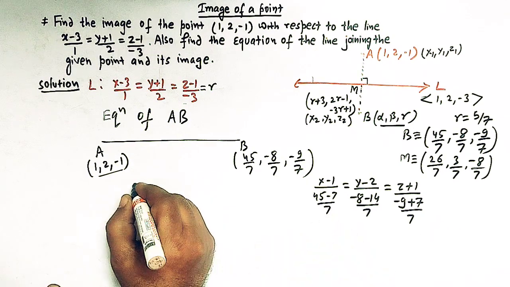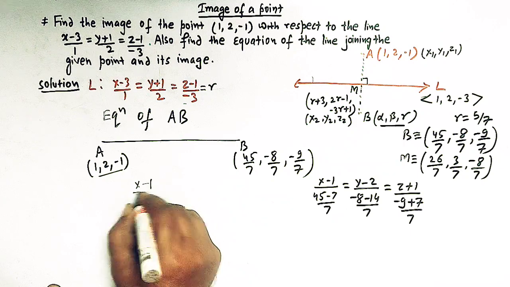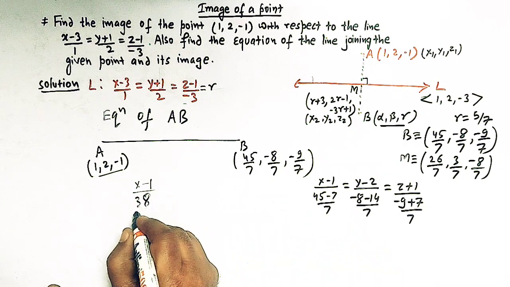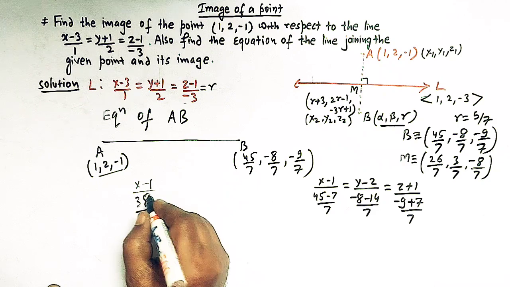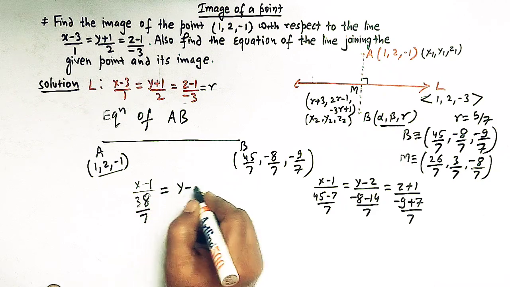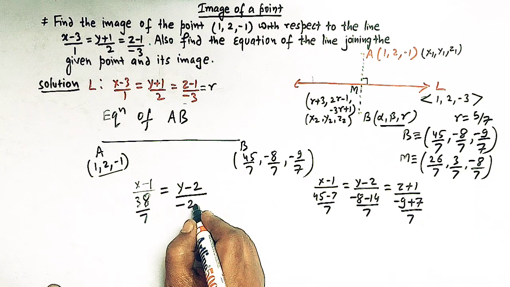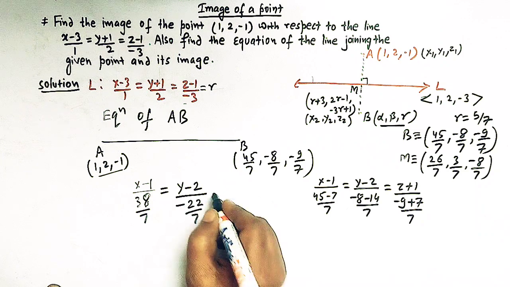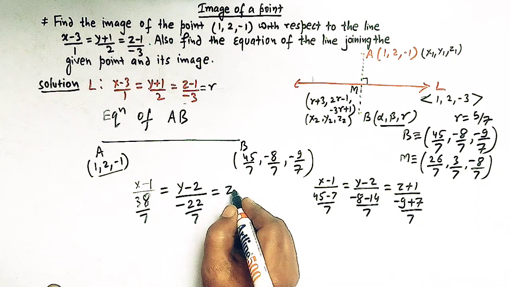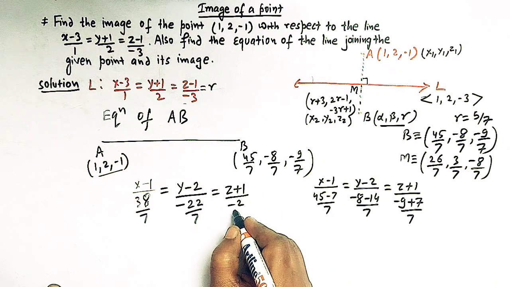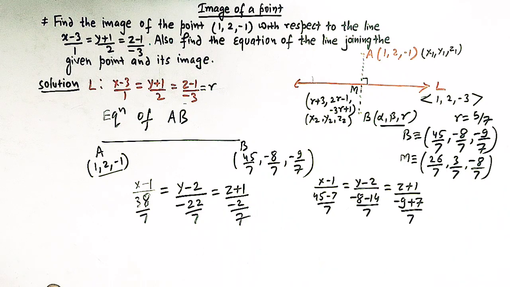So now we can write x minus 1 over 38 over 7, y minus 2 over minus 22 over 7, and then z plus 1 over minus 2 over 7, right?